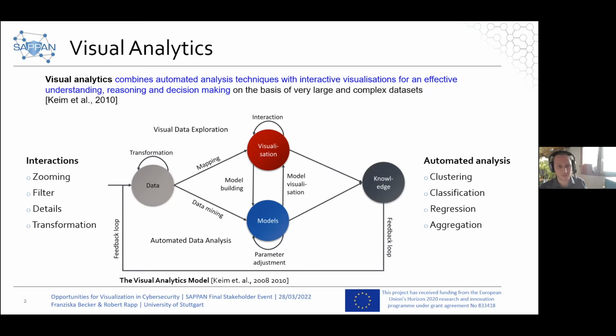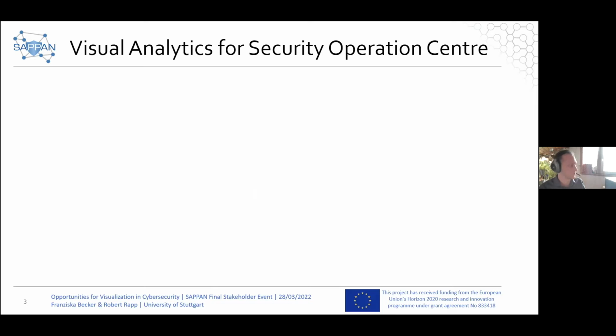For example, we could adjust parameters, or understand the model better, and then get new knowledge out of it to use as an input for our new data collection. If we figure out that we need some new fields in our data tables, that could be quite valuable. So that's the abstract view on visual analytics.